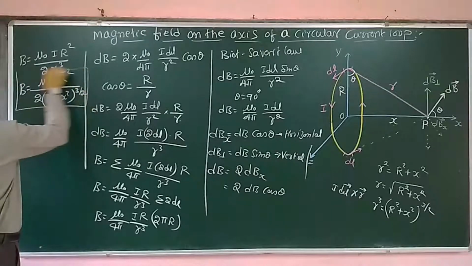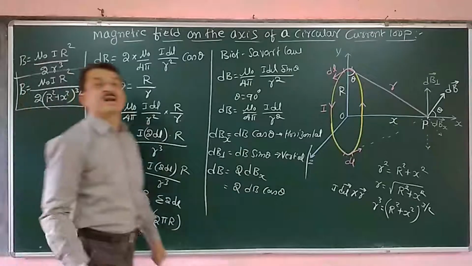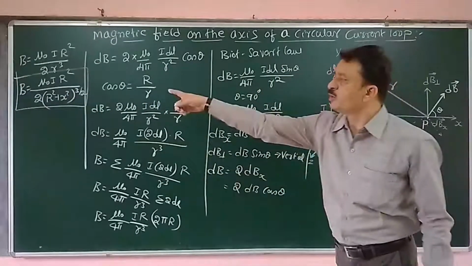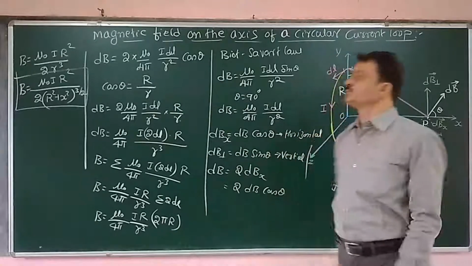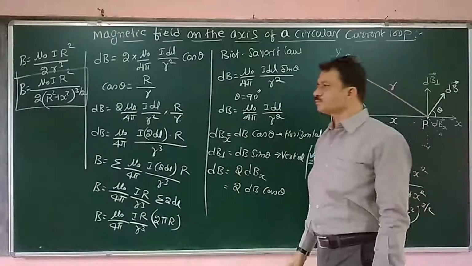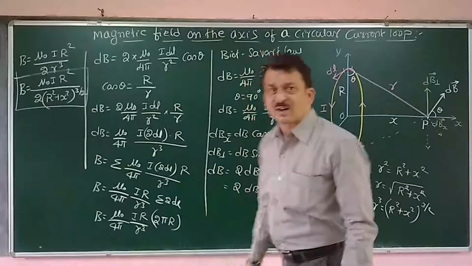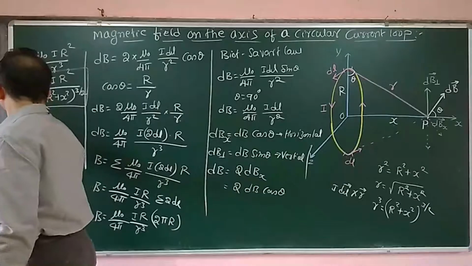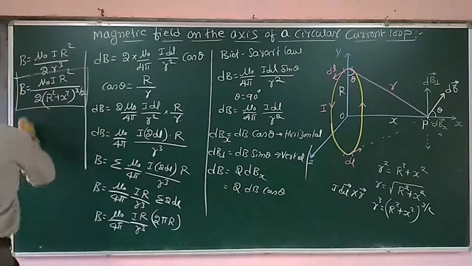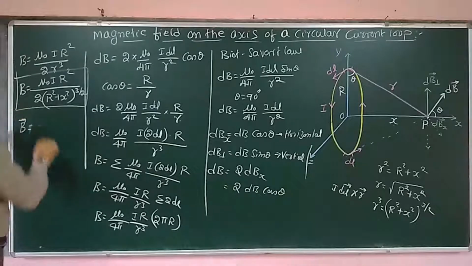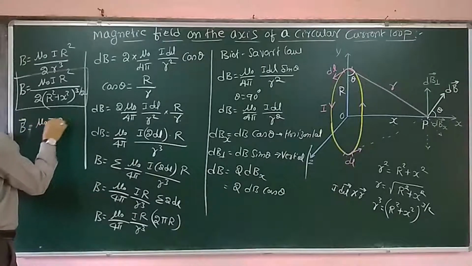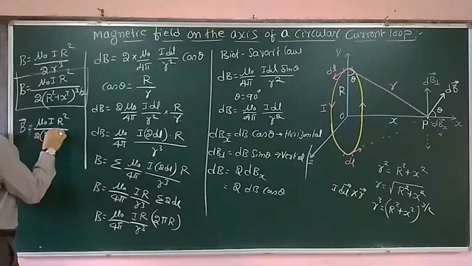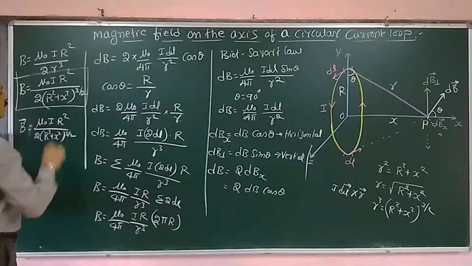That is the final expression for the magnetic field due to a current loop. It is the magnitude we have written. If you write it in vector form, vector B is equal to mu naught I R square divided by 2 into R square plus x square to the power of 3 by 2.